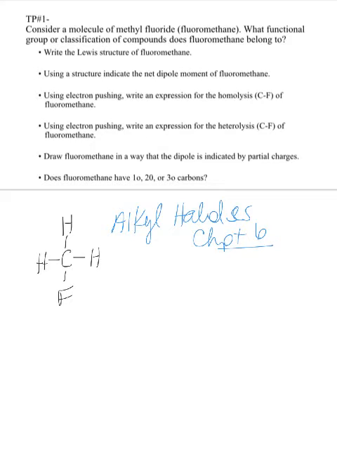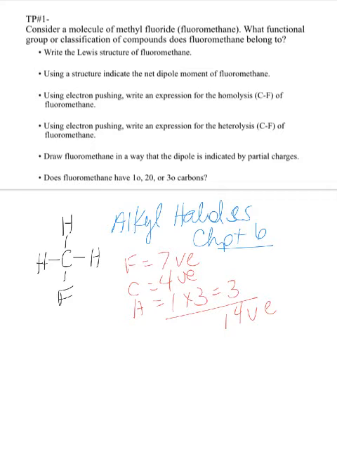Fluoromethane, Lewis structures. To do Lewis structures, you draw the connectivity and then you add up all the valence electrons. Fluorine is group number 7, so it's 7 valence electrons. Carbon is 4, and hydrogen is 1, and we have 3 of those, so that's 3 times 1. That's 14 total valence electrons.